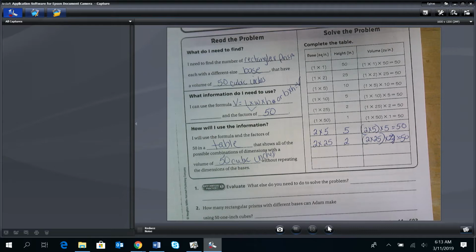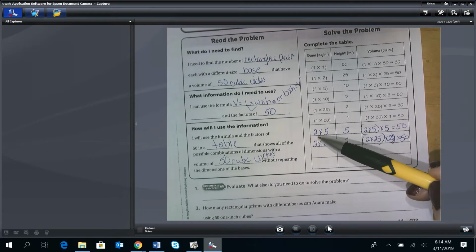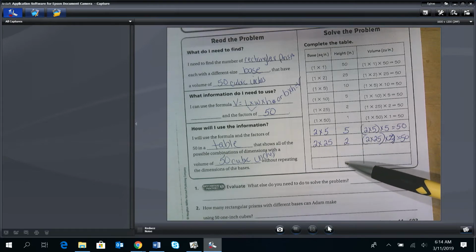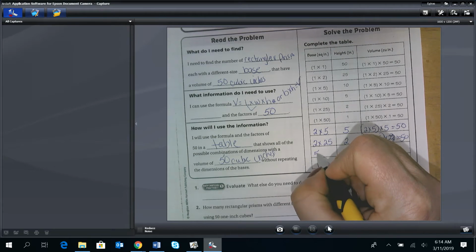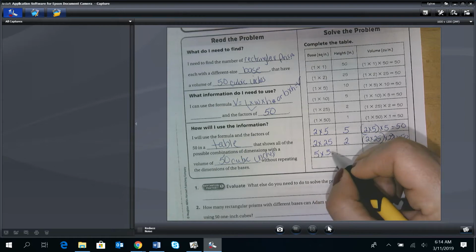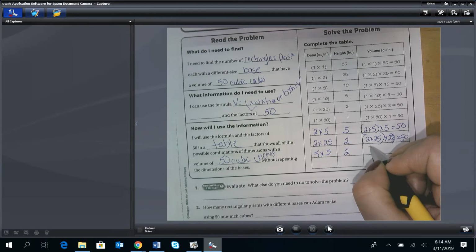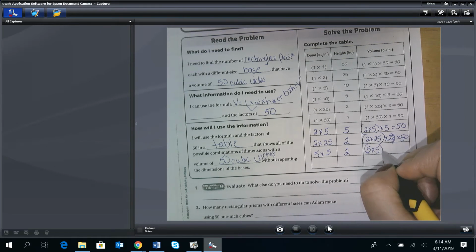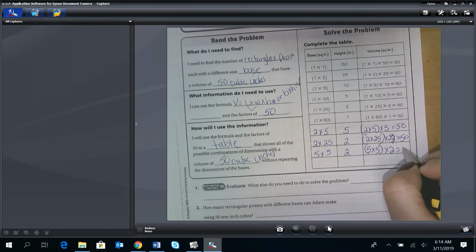Do we have all the 2's? If I look up here, I had a 2 here, and I had a 2 here. Let's see, let's go with 5. 5 times 5 is 25 times 2. 5 times 5 times 2 equals 50.